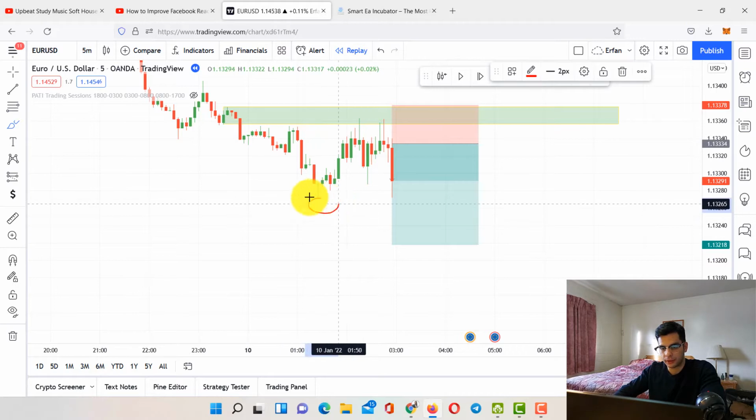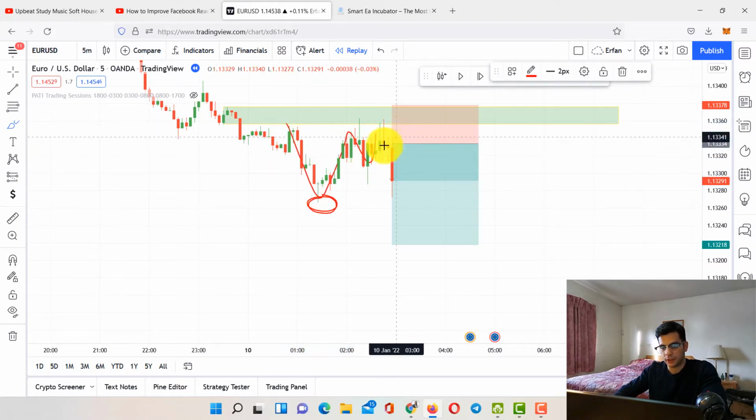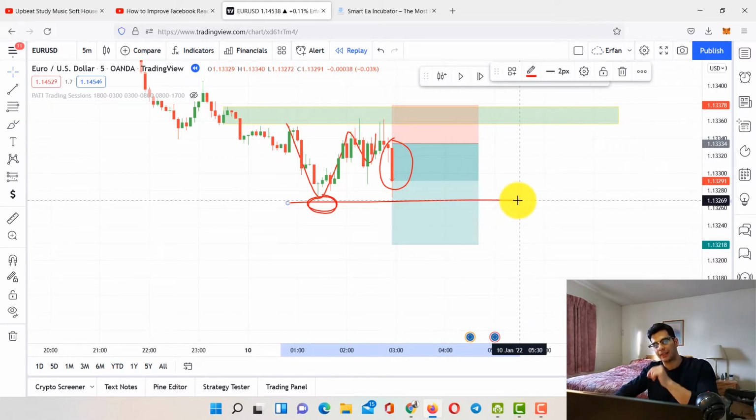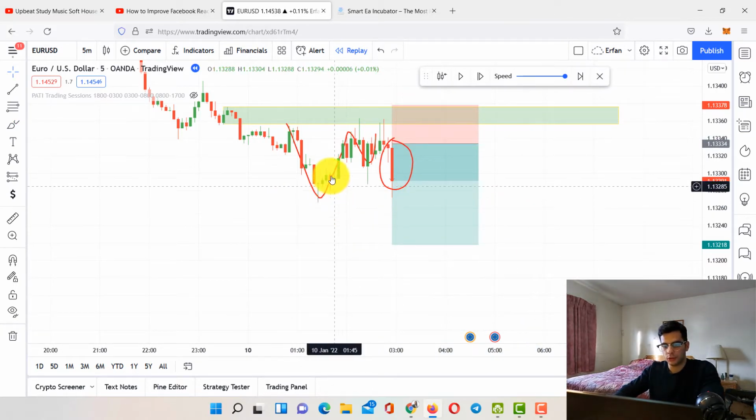So it's definitely a swing low, and people take their sell position here. We have to wait for the market to break this support, and then you move your stop loss to break even.